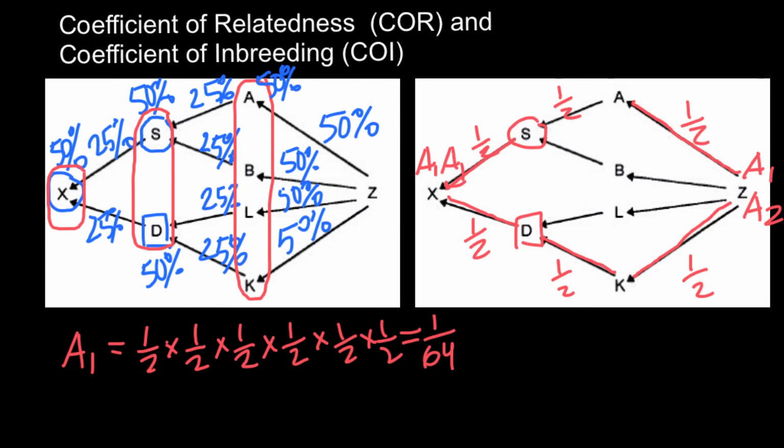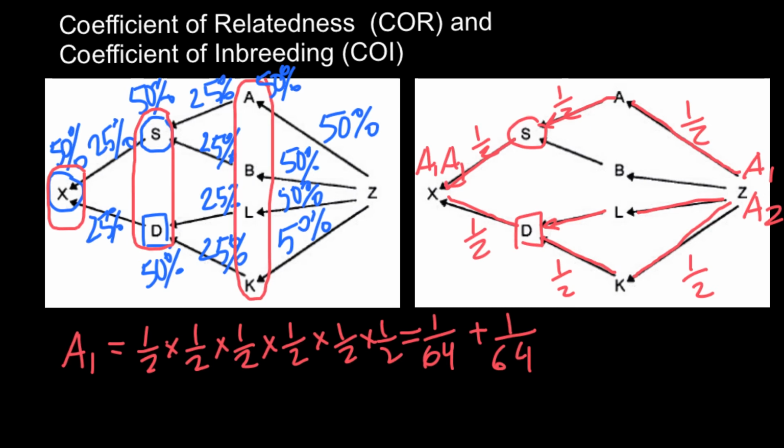And this is not the only way individual X can get the A1 allele from the mother side and the A1 allele from the father side. Another variant would be that from the mother side the pathway would be the same, but from the father side this time the pathway would be different, through individual L. So this is going to be the second variant of inheritance, so we have to add this probability. So now we have to use the sum rule to add these probabilities.